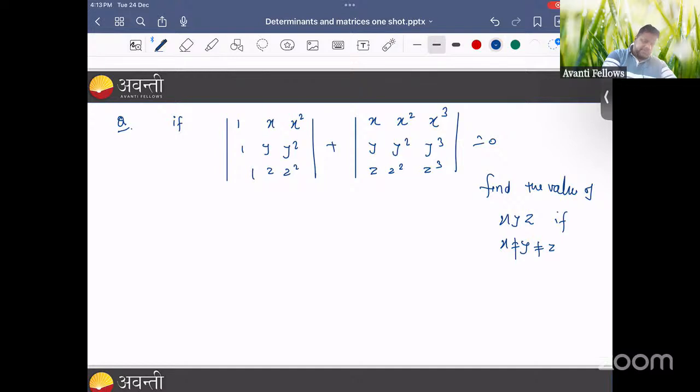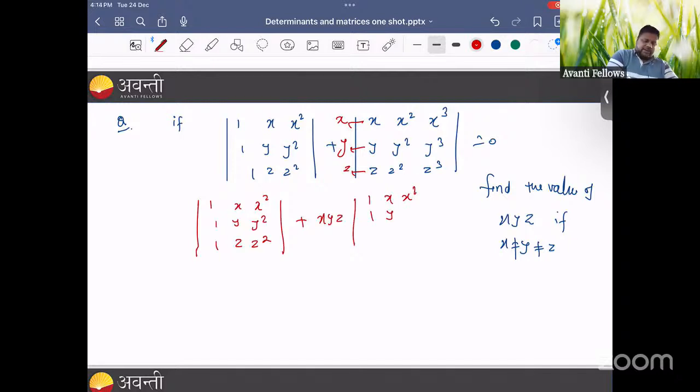See, take x common from this row, take y common from this row, and take z common from this row. All right. So what do you get? Determinant 1, x, x square; 1, y, y square; 1, z, z square plus xyz into the determinant 1, x, x square; 1, y, y square; 1, z, z square.